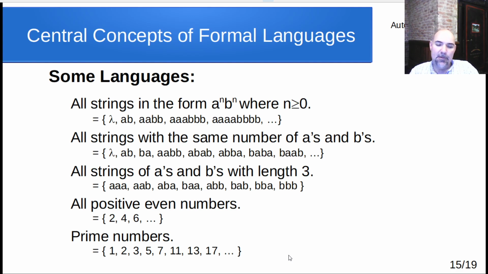So notice that languages here can be numerical like this, because does this fit the definition? Is this a set of things over some sort of fixed alphabet? Yeah, all of the things that come out of this are going to be 0 through 9, and there's a certain set associated with that: the set of prime numbers, the set of positive even numbers, and so forth.